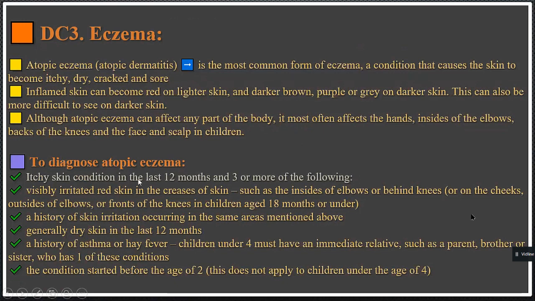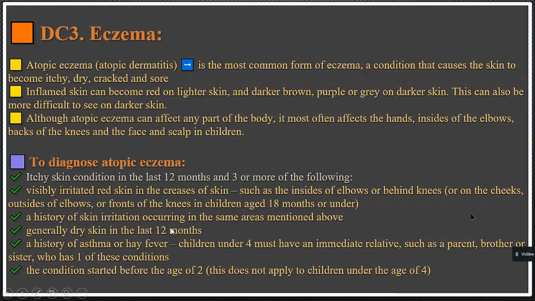The diagnosis, how to diagnose in the exam: they will mention, for example, an itchy skin condition in the last 12 months and 3 or more of the following. Visibly irritated red skin in areas like cheeks, elbows, front of the knees, or in children aged 18 months or under. History of skin irritation occurring in the same areas mentioned above.